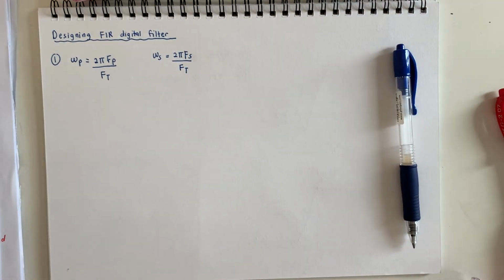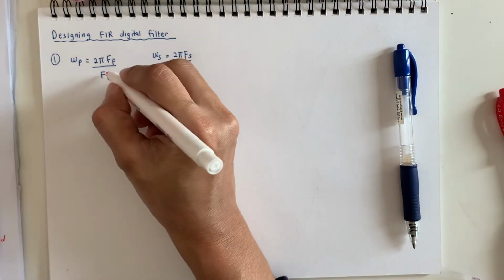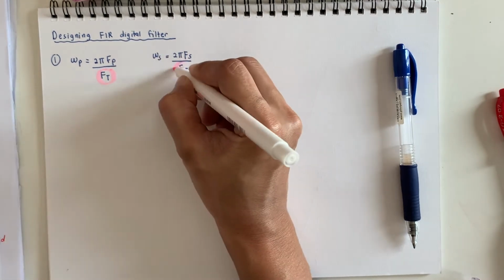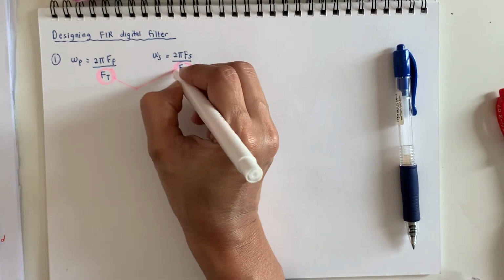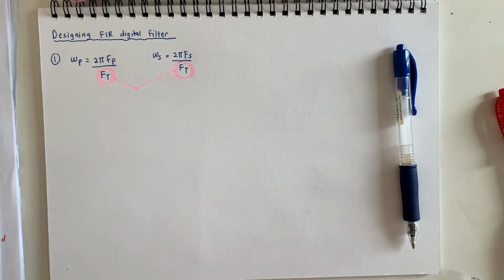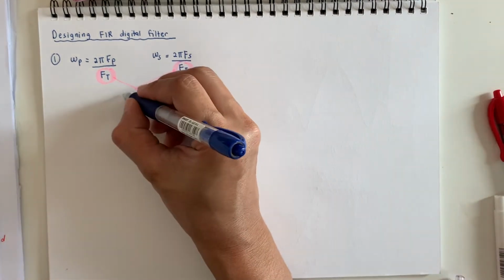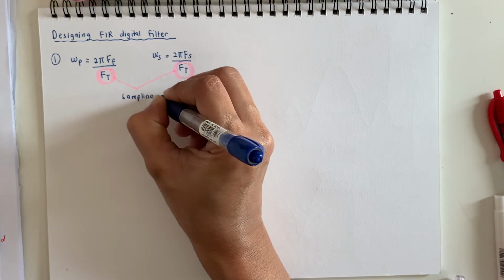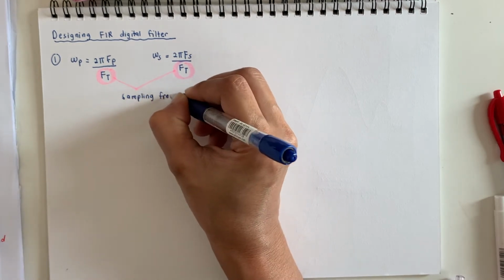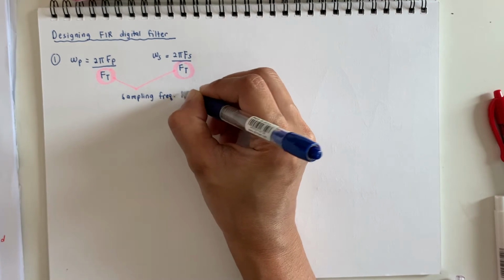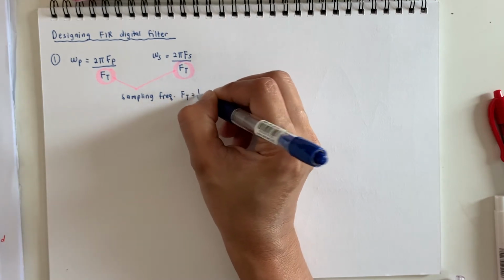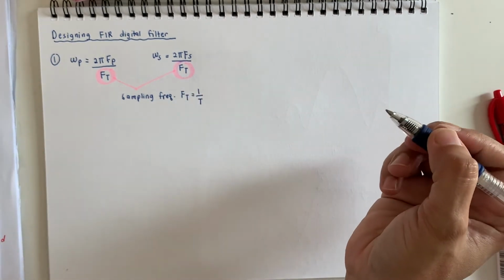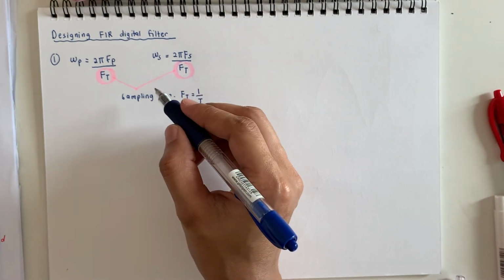Maybe some of you may wonder how to get the value of ft. ft is your sampling frequency, so ft is equal to 1 over the sampling period. This is your first step.